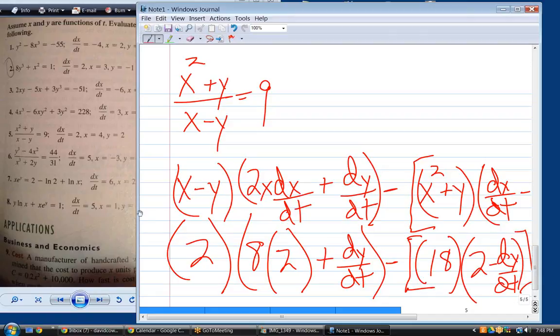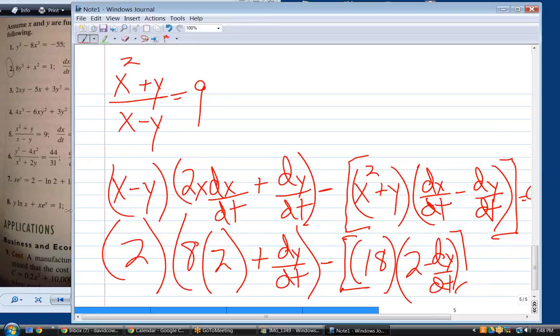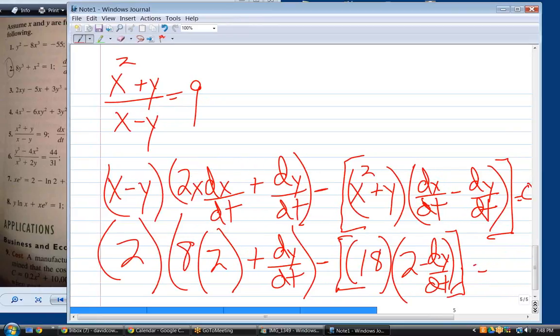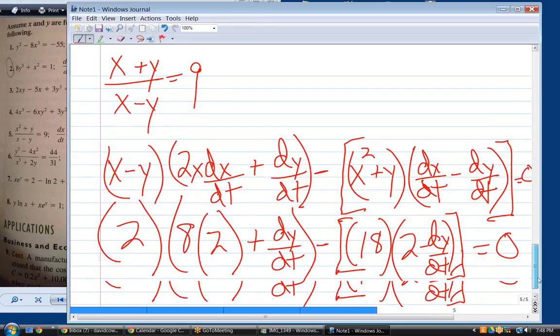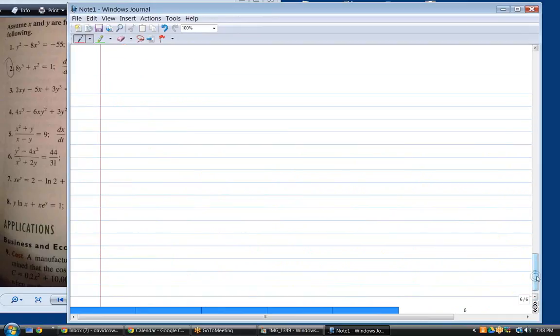All of that's equal to 0, right? Yep. Now, I think this will be easier to solve for dy dt.